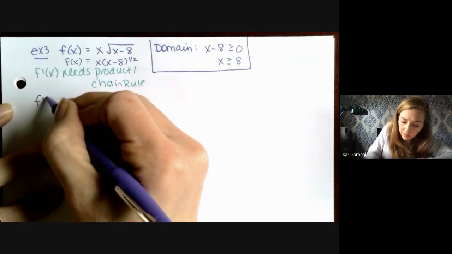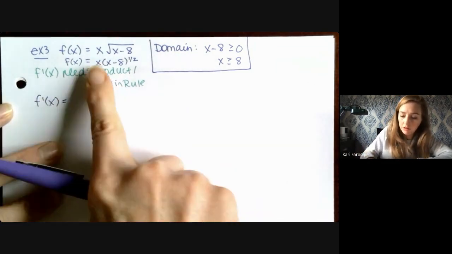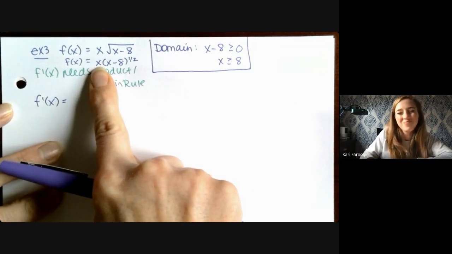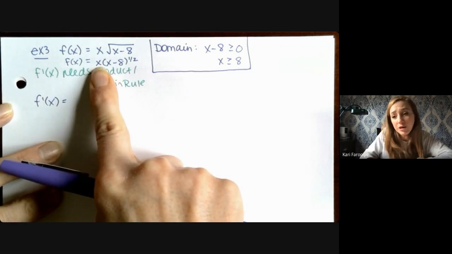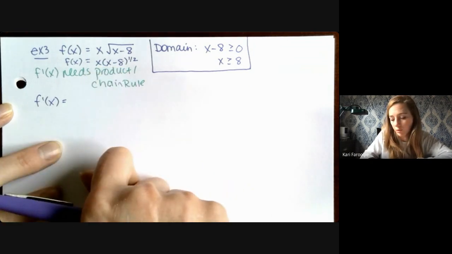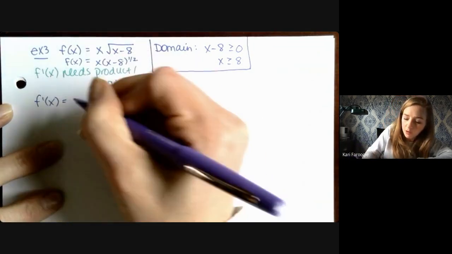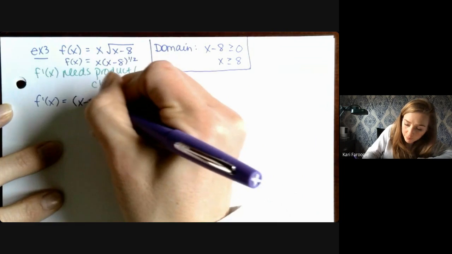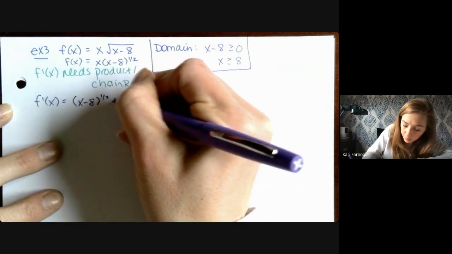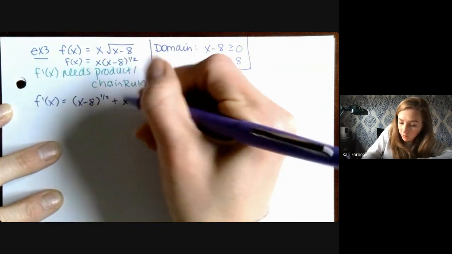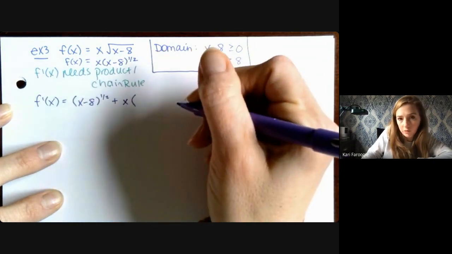So f prime of x is going to be, f will be x. I know. See, now I called the function f, and I'm again having regrets because now I can't use f and g with my product rule. But you know what? We should be good with the product rule by now. I shouldn't have to keep labeling parts of my function. F prime g plus f g prime.